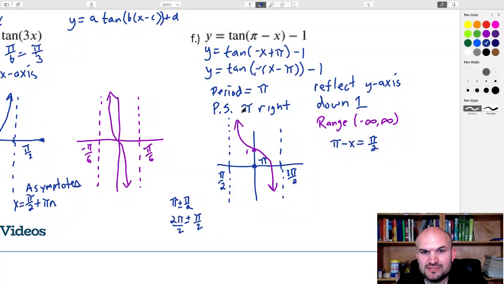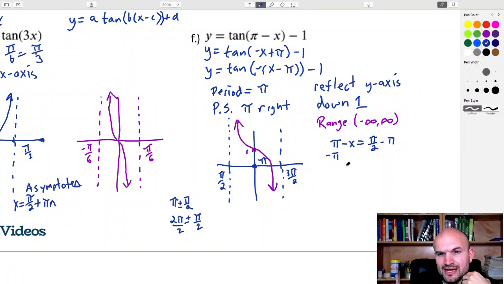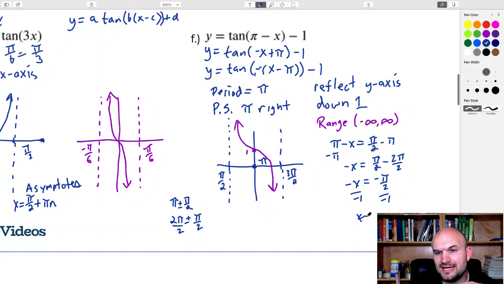That comes into my phase shift, which is pi. So when I subtract pi, I have negative x equals pi halves, and I change this to negative 2 pi over 2. That gives me negative x equals negative pi halves, divide by negative 1 on both sides, and x equals a positive pi halves.